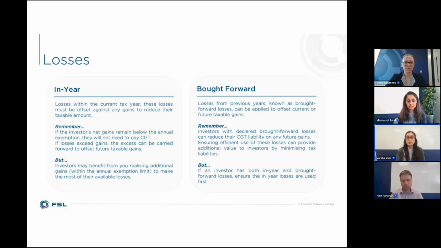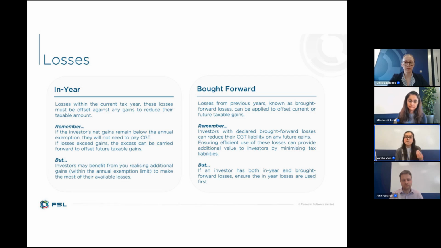It's also making sure that they do realise that any losses that are being made can be offset against their gains to reduce their overall CGT consideration. And that's not just for in-year losses, that's also the same for brought forward losses. So if you've got any investors who have declared brought forward losses from previous tax years, they can also be considered for this tax year's reporting.